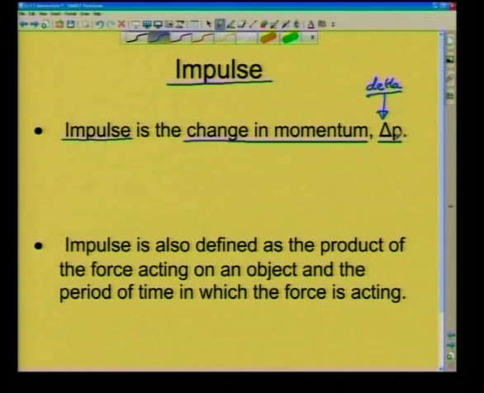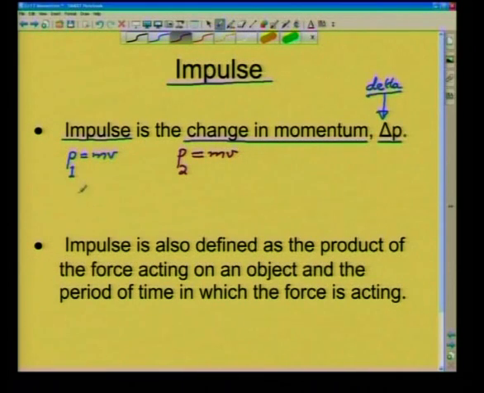Now, I need to explain something here. If an object is changing its momentum, remember that momentum equals mass times velocity. So it means if it started with momentum 1, it might now have, when it changes its momentum, momentum 2, which will still be mass times velocity.